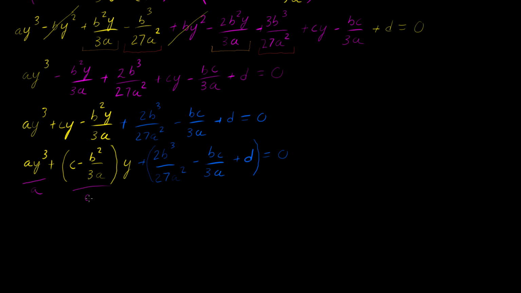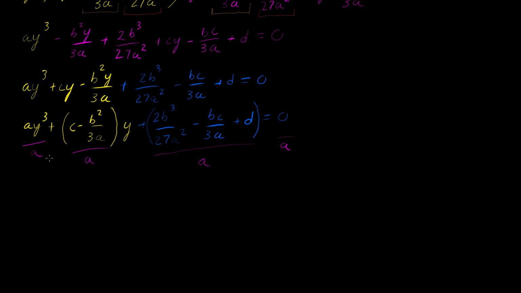Well, actually, before I do that, let me just go ahead and divide everything by a. I think that'll help us all out a little bit. So let me divide everything by a. What are we going to be left with? Well, we're just going to be left with y cubed here. The a's are going to cancel. We're going to be left with c over a minus b squared over 3a squared y.